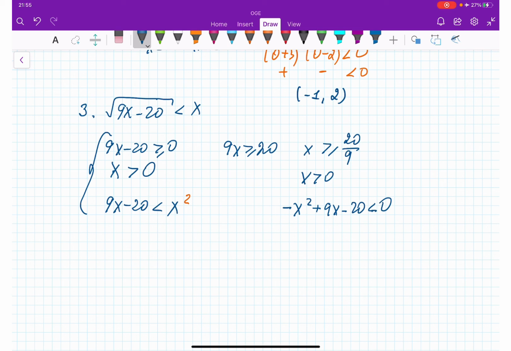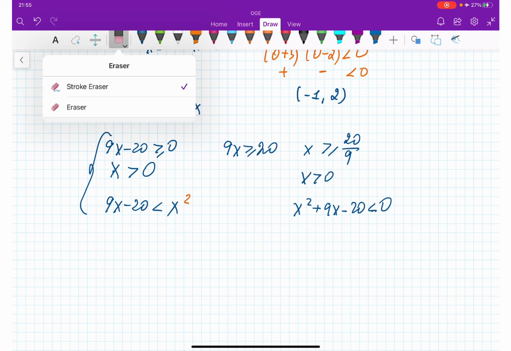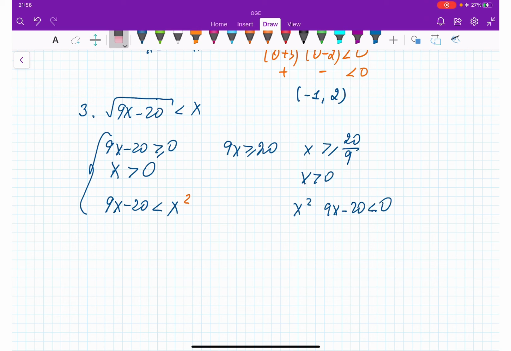Or I'm going to flip the sign. It's going to be positive x squared, then minus 9x, and plus 20, and obviously it's going to affect the sign of the inequality also, and it is going to be greater than 0.